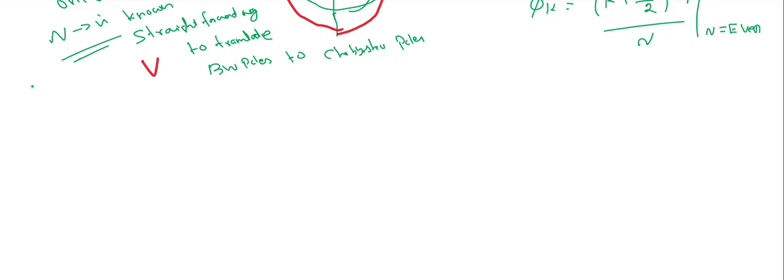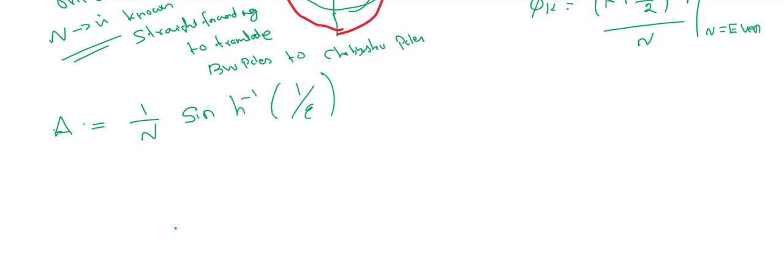The design parameter A is equal to 1 by n sinh inverse of 1 by epsilon. Then comes the real part of the Chebyshev poles.